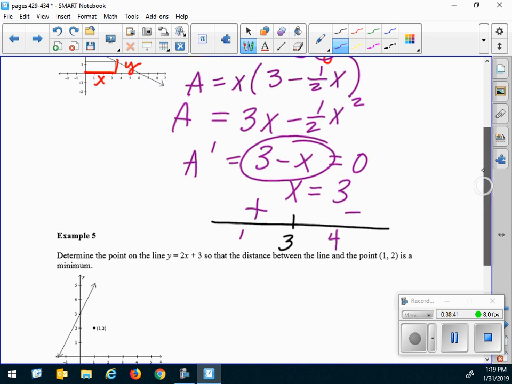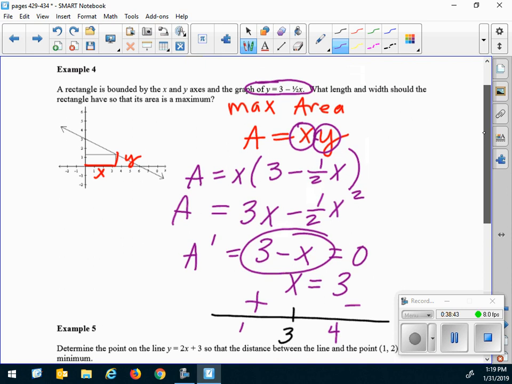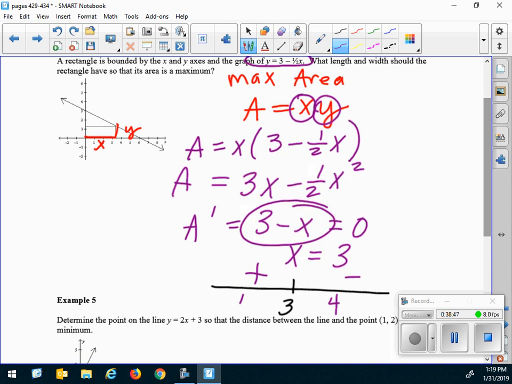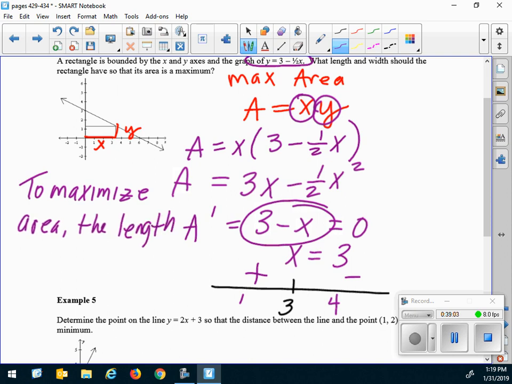So let's look at the question. What length and width should the rectangle have so that its area is a maximum? You know, let's do it this way. To maximize area, the length must be, we got X equal 3.